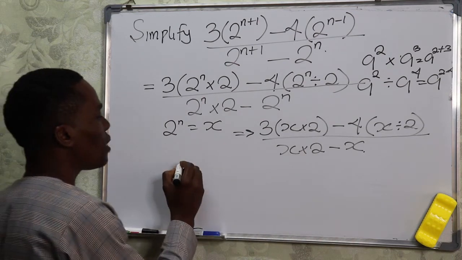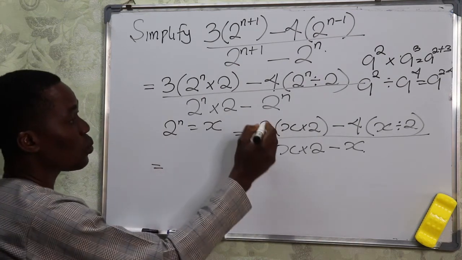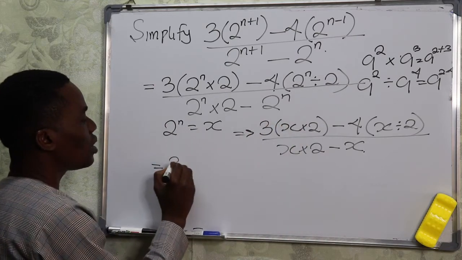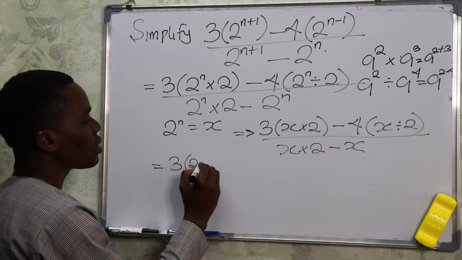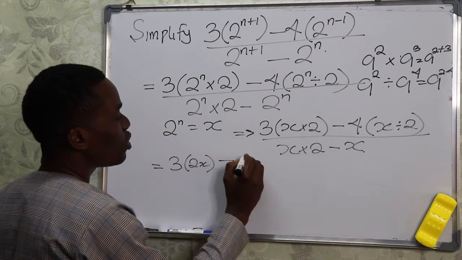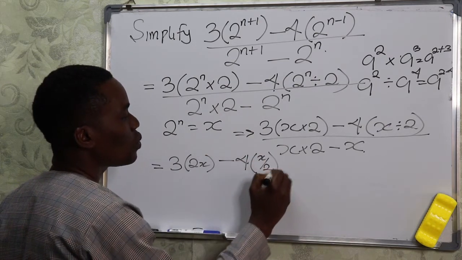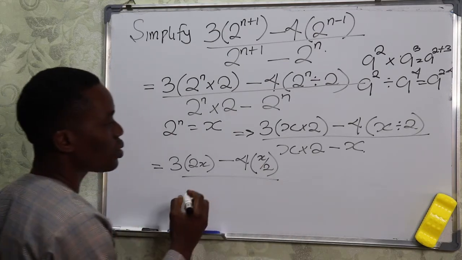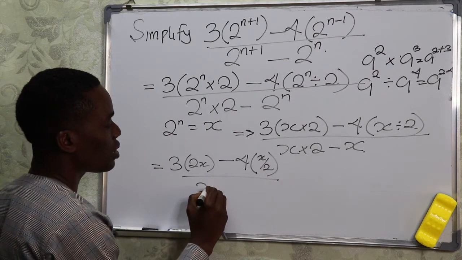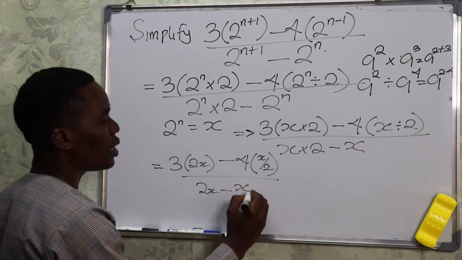Now you can simplify. That will give us 3 into bracket 2x minus 4 into bracket x divided by 2, divided by 2x minus x.